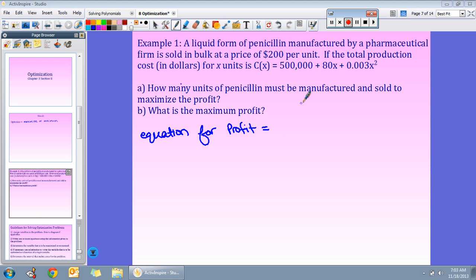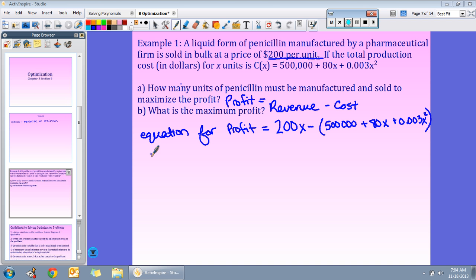Well, for profit, you are going to have the price that you're selling it at per unit. So that's going to be 200 times each unit. But then you have to subtract the total amount of cost. So we're going to have to subtract all of this equation, so that we get revenue minus the cost.